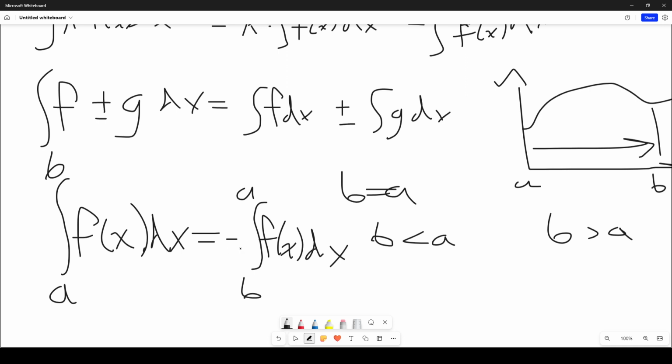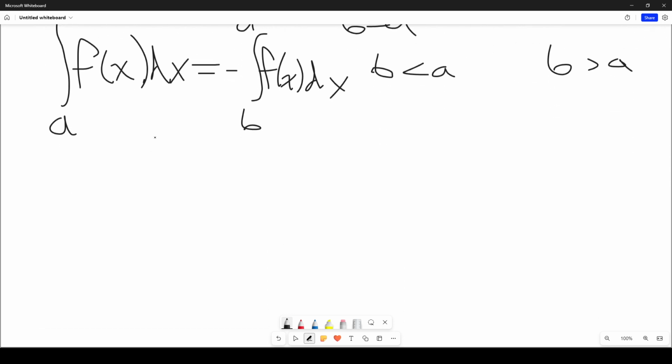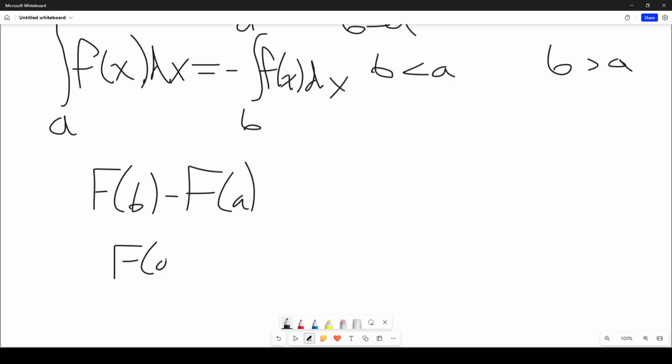And this is actually pretty clear when you look at our formal understanding of the definite integral, which was F of b minus F of a. And if you negate this, you get F of a minus F of b, which is the exact same as this and this. So hopefully that was pretty clear.